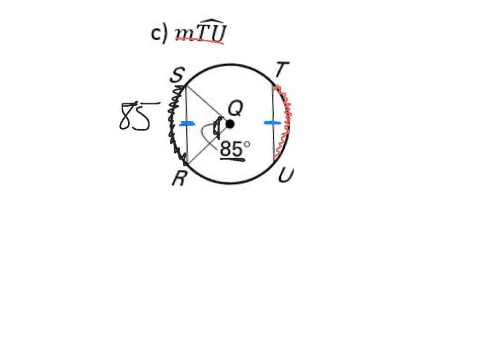Now, there's two ways to go about this. Since I know these chords are congruent, then I know that this obviously has to be 85 degrees.